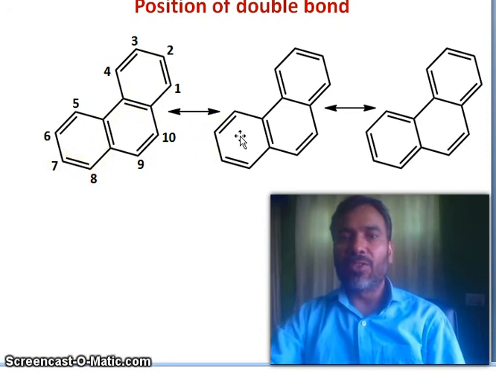But in another, this ring is benzene, this ring is benzene, but this ring is not benzene. So what is this, and what is the difference here? We say this is a benzenoid ring, and this is a quinonoid ring.